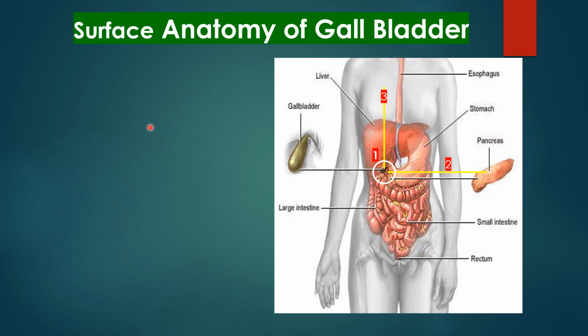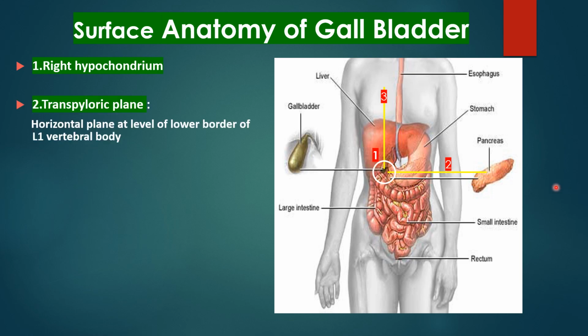The surface anatomy of the gallbladder is very important. When you examine the patient, it is very important to localize the exact site of the gallbladder. Now, what are the landmarks that can be used to locate the gallbladder? First, it is located at the right upper quadrant, as indicated by this ring number 1. Next, you have the transpyloric plane, number 2 here, which is a horizontal plane at the level of the lower border of L1 vertebral body.